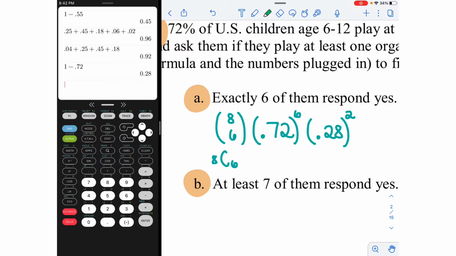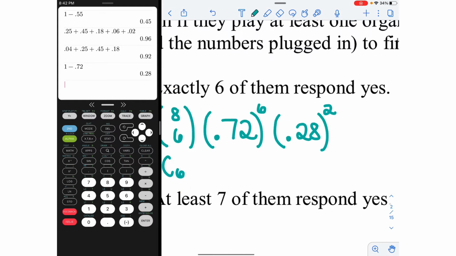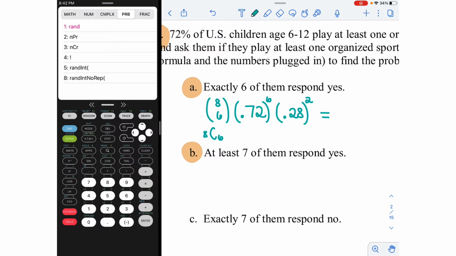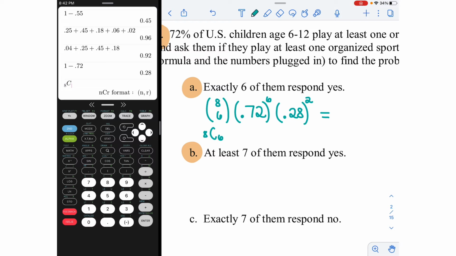Okay. All right, so now this is just something you're going to type right into your calculator. So math, probability, NCR. So it's 8 choose 6. Really should put parentheses around this.